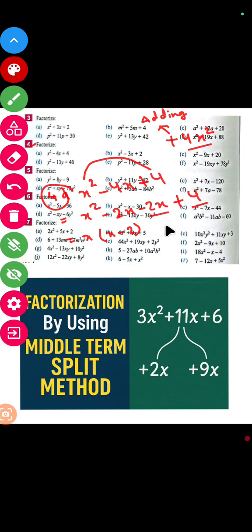Similarly, in these two terms also, what do we see? 2 is going as common and whatever is left will be written inside the bracket. Over here you see I didn't write plus, I wrote minus because the bracket has been applied. When a bracket is applied and a minus sign is in front, that takes action over here, like minus into minus plus.